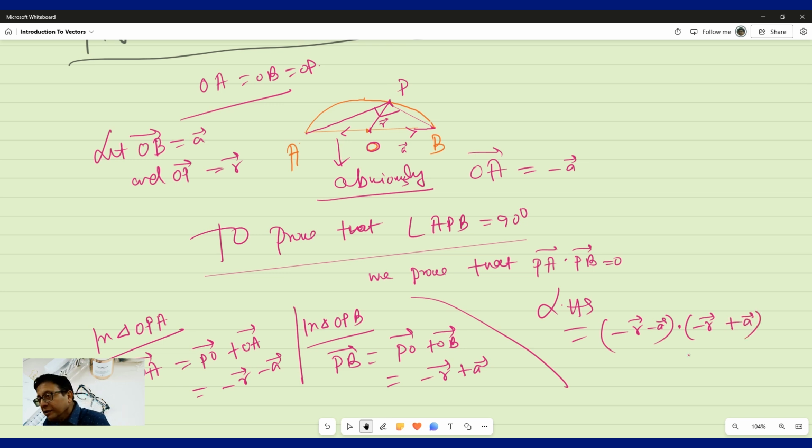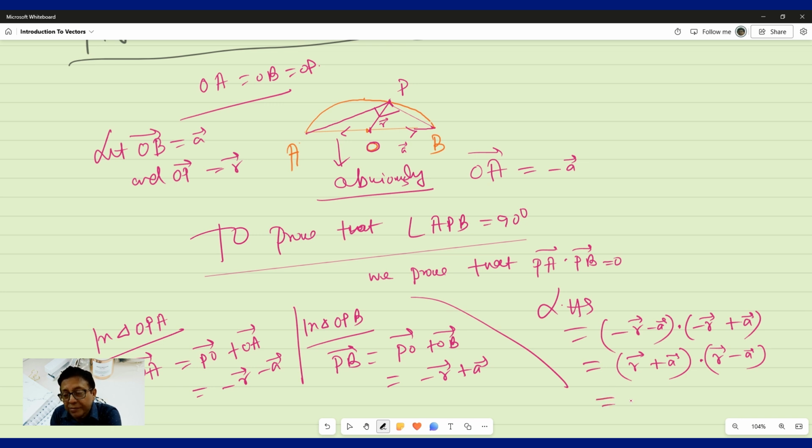Have I done correctly? Now take this minus here and multiply this bracket with the minus sign. So this is R plus A dot R minus A. Isn't it? We have taken the minus sign common and multiplied here.